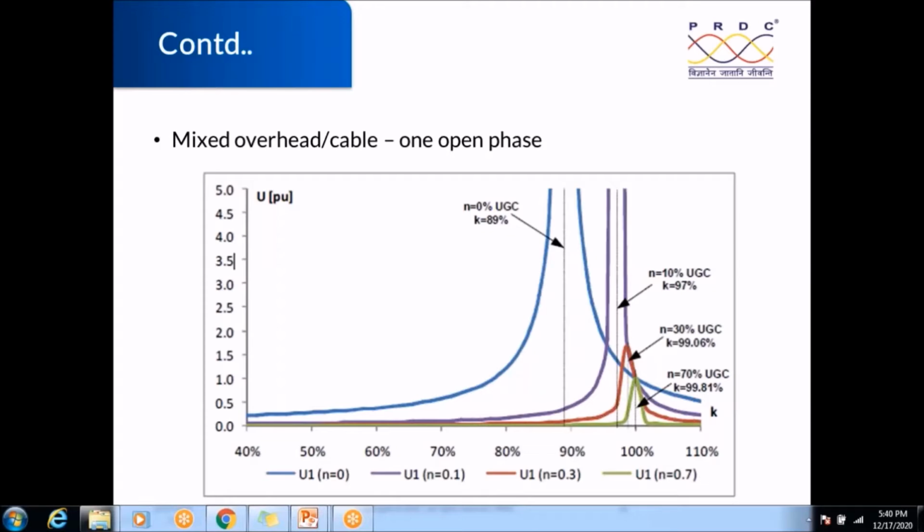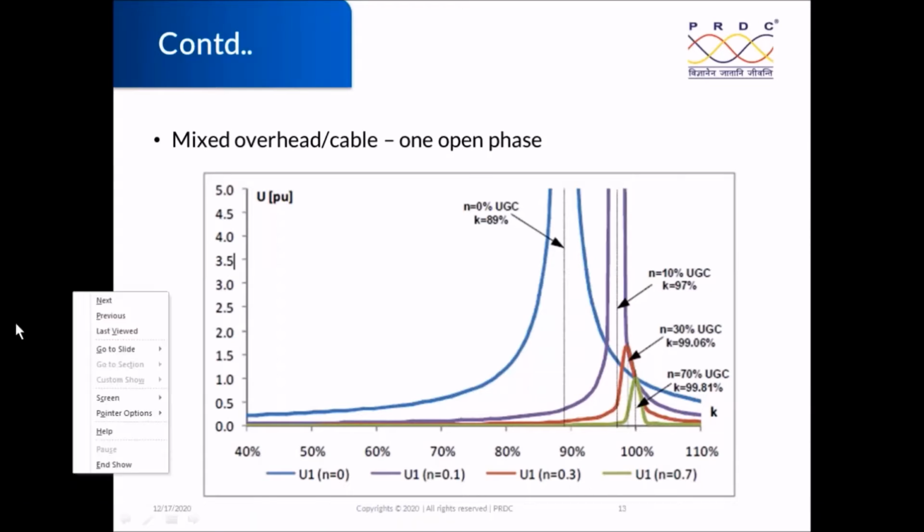So at almost close to 100% compensation, there is a possibility of getting a resonance point with a high voltage, maybe 1.5 pu. That is also very dangerous if it is prolonged for a 10-second duration or so.